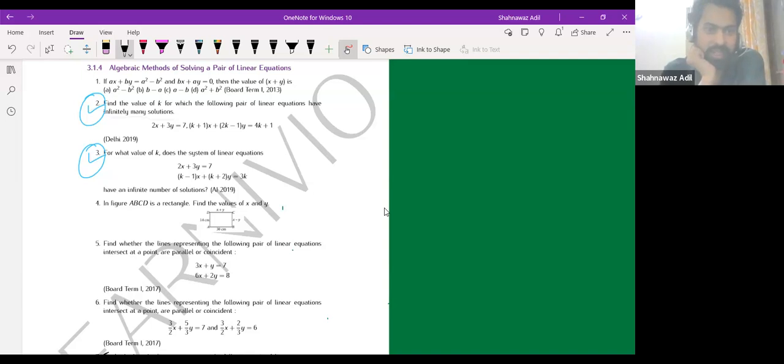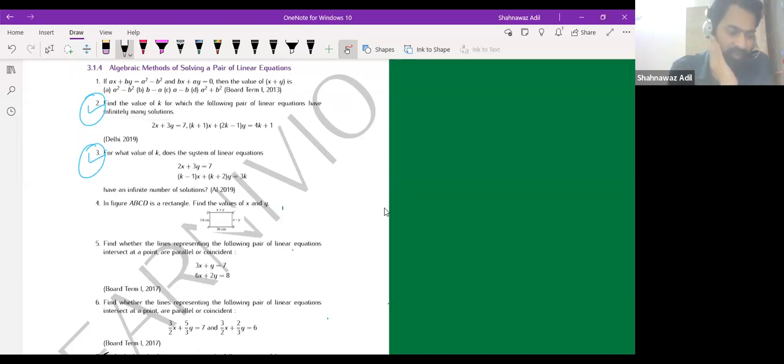Okay, so if ax plus by is this and bx plus ay is this, then what is the value of x plus y? I remember Hashid easily solved this question. Hashid is an expert in this chapter because he has done all these assignment problems.